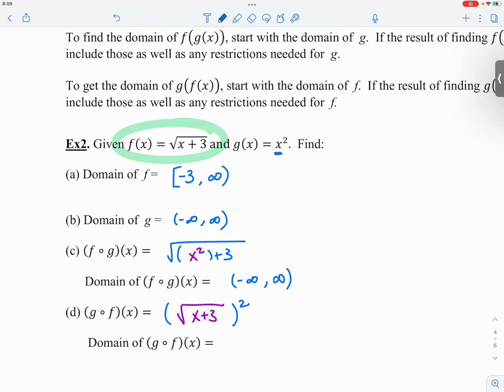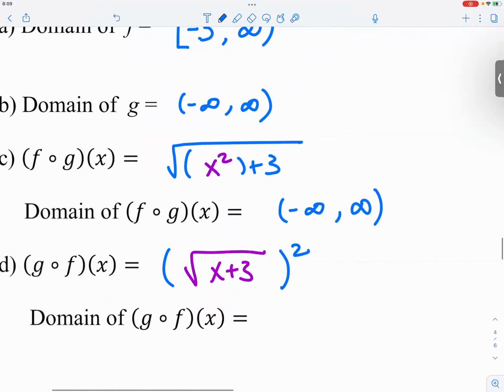So we assume no processing. It's very raw. We are not going to cancel the square root with the square. So this is what we have. And we will say the domain is from -3 to infinity, including -3, because we still do not want the number underneath the square root to be negative.